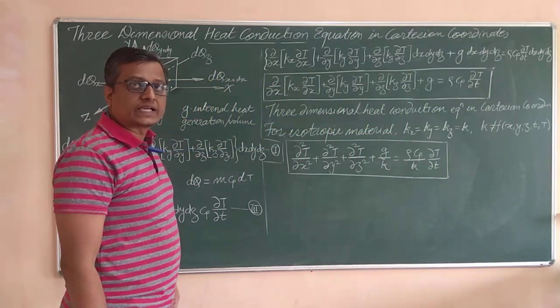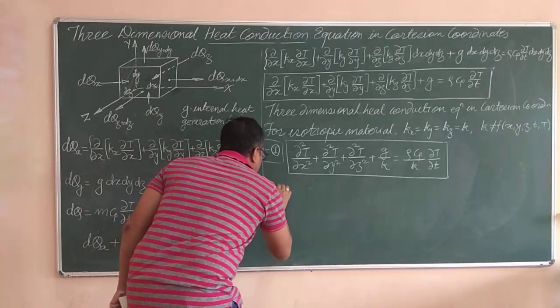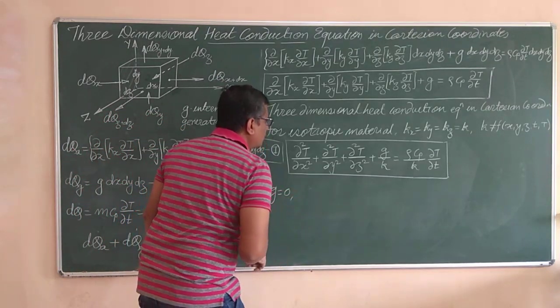Now out of that, if I consider small g equal to 0, what equation will I get?